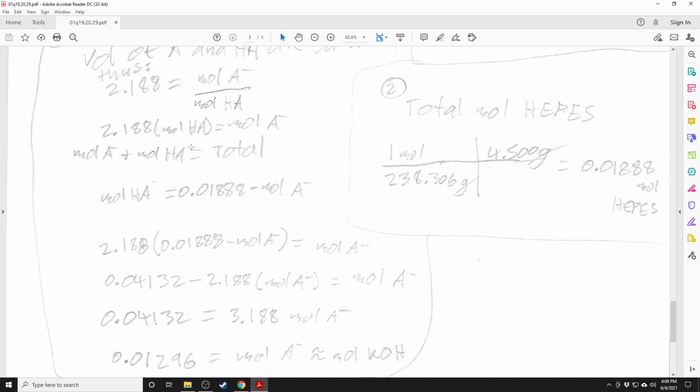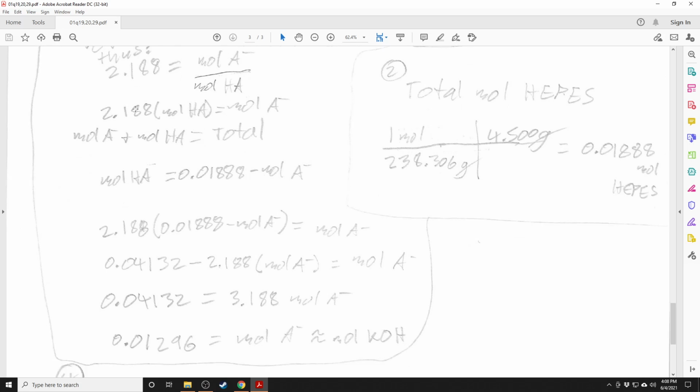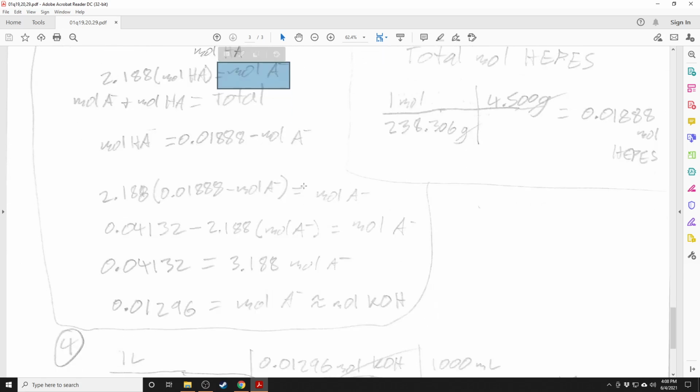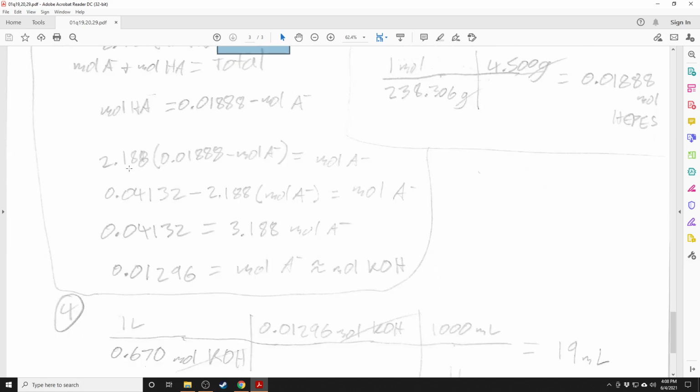I did that so that I can substitute this into here easier. And so I went ahead and then substituted. I took that 1.88. I substituted moles of HA, which I said is this right here. I put that in there. And then that equals moles of A minus, like I said up here. I then did the math, so I multiplied these two numbers together. This number then goes in front of moles of A minus, and that's that.